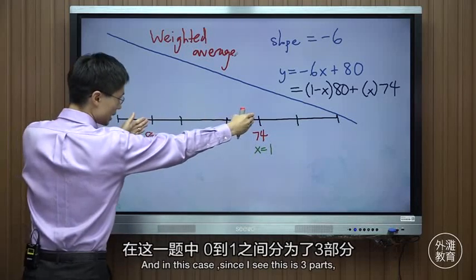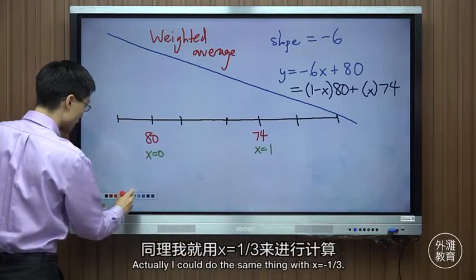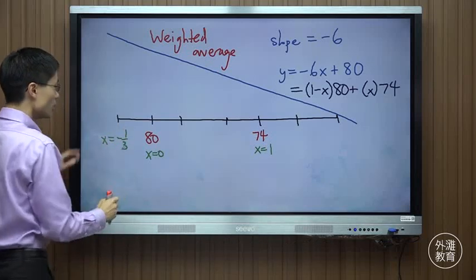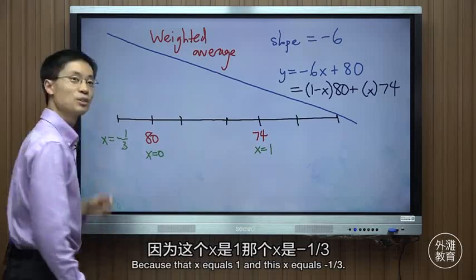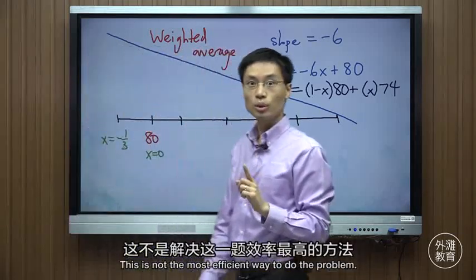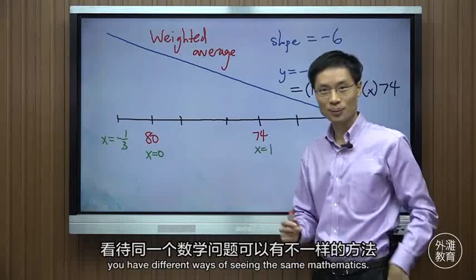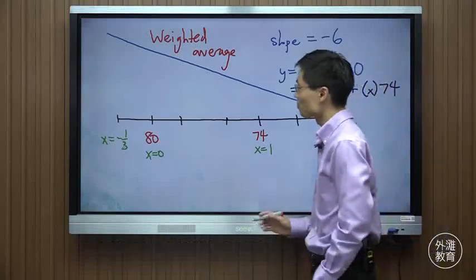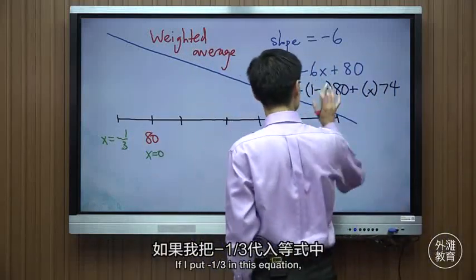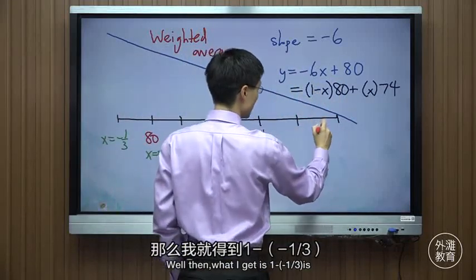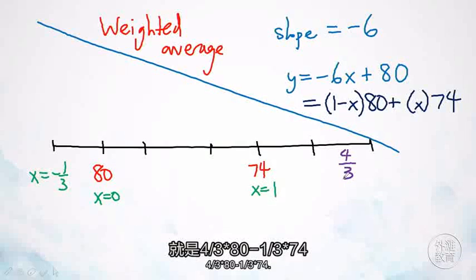And in this case, since I see this is 3 parts, actually I could do the same thing with x equals minus 1/3. Because if that's x equals 1, this is x equals minus 1/3. This is not the most efficient way to do the problem, but I'm showing it to you just so you have many different ways of seeing the same mathematics. If I put minus 1/3 into this equation, well then what I get is 1 minus (minus 1/3), which is 4/3, times 80, minus 1/3 times 74.